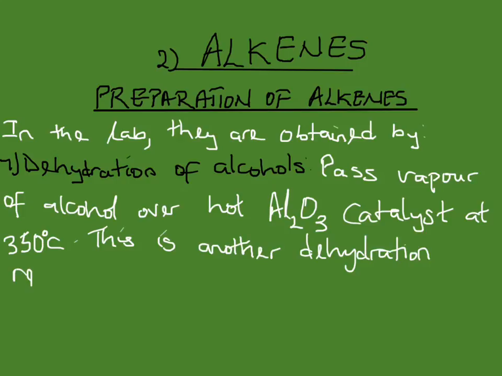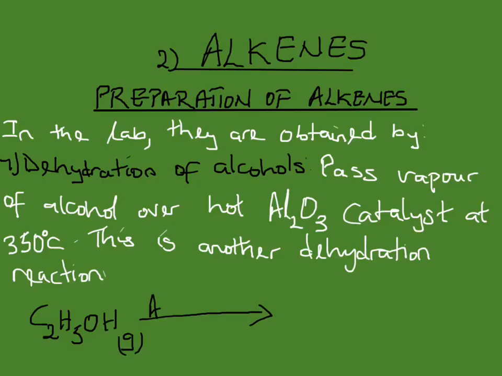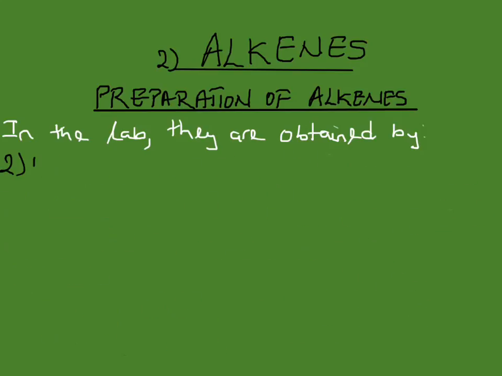This is another dehydration reaction, and this one is incomplete dehydration. Like you can see below, ethanol undergoing dehydration in the presence of aluminum oxide catalyst at 350 degrees Celsius yields ethene plus water.